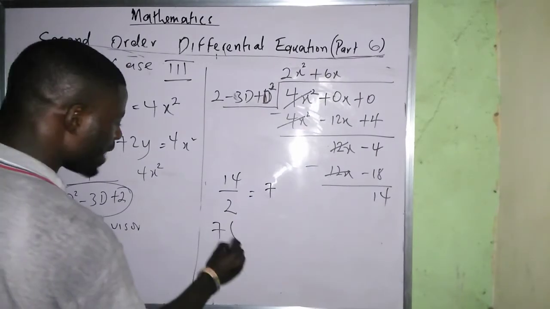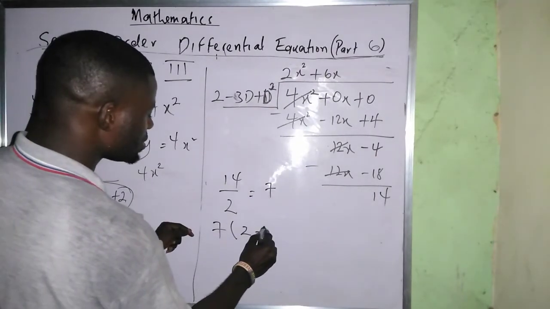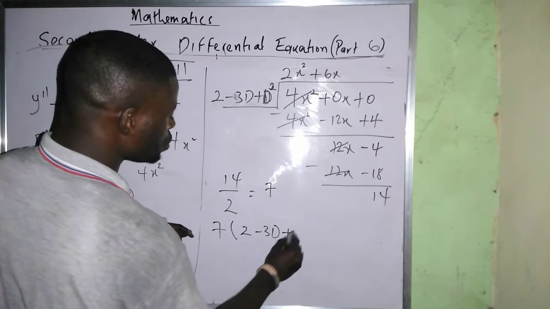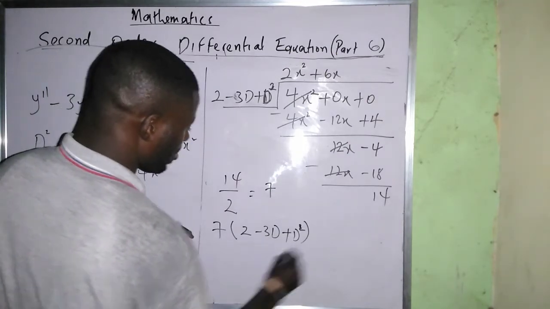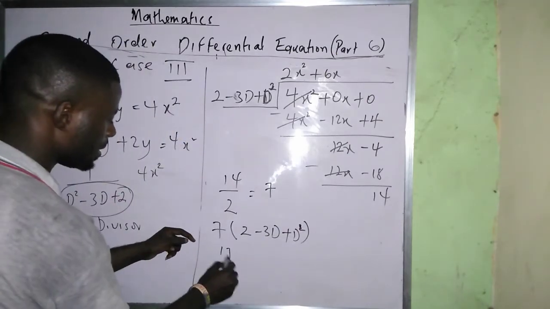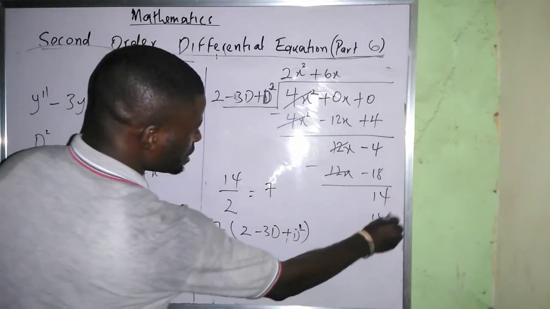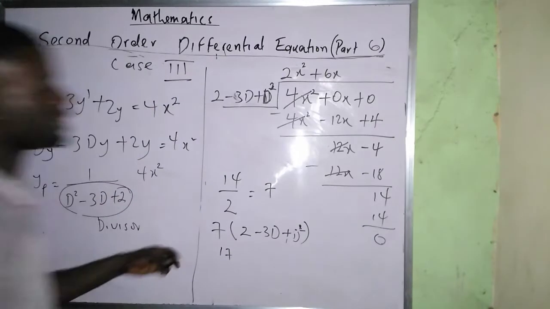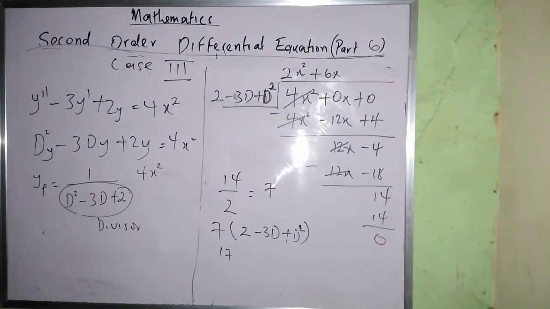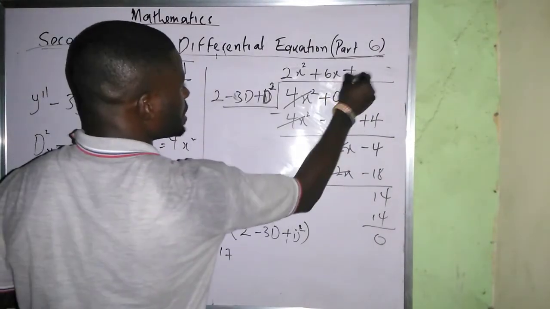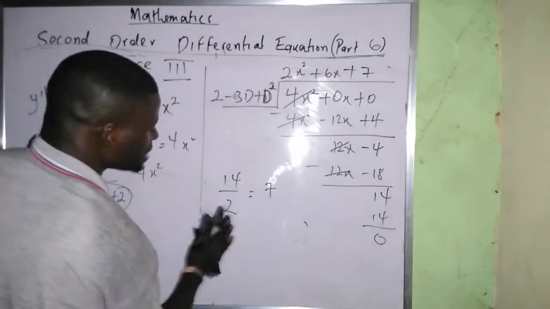I will now have 7 bracket of 2 minus 3D plus D squared, which gives me 14, and then 0. Sorry, this is 7 plus 7. Now, my remainder is 14.